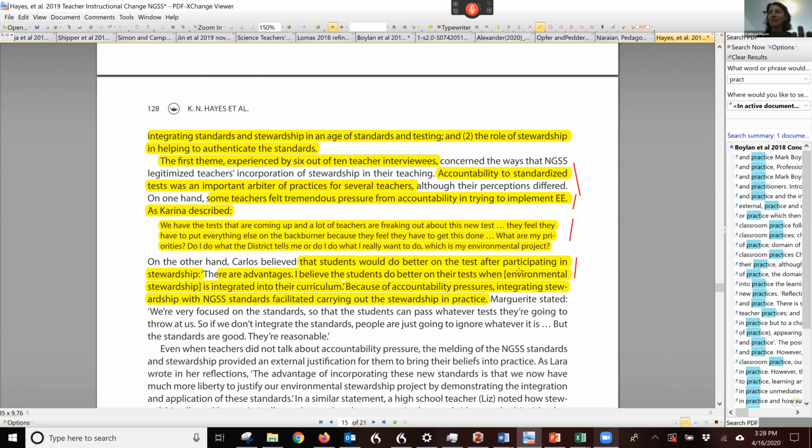And then for my next claim, claim number 2, students will do better on the test after participating in stewardship. He says, there are advantages. So I'm telling my friend, I know you're skeptical about this, but this teacher said there are advantages. I believe that the students do better on the tests when environmental stewardship is integrated into the curriculum.